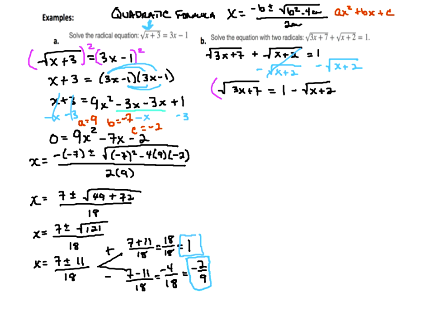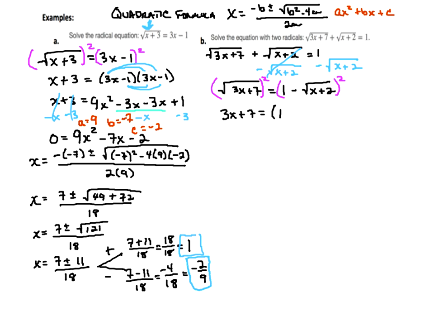Because I need to square both sides. And look at that right-hand side. Yuck, yuck, yuck. Left-hand side's good. When I square, the root goes away, and I'm just left with 3x plus 7.